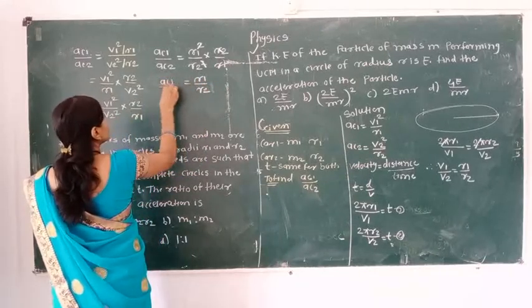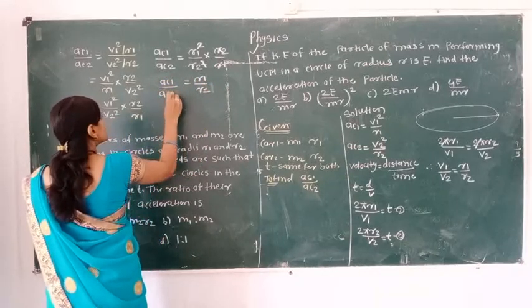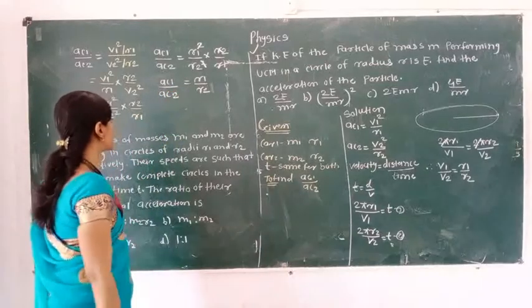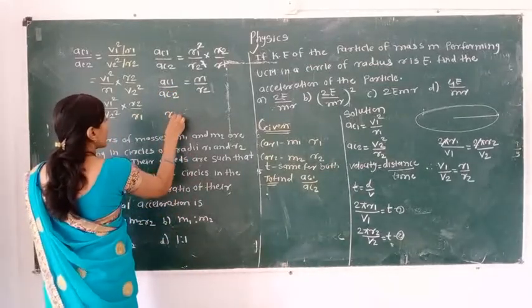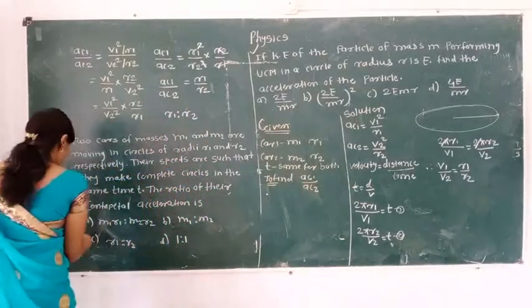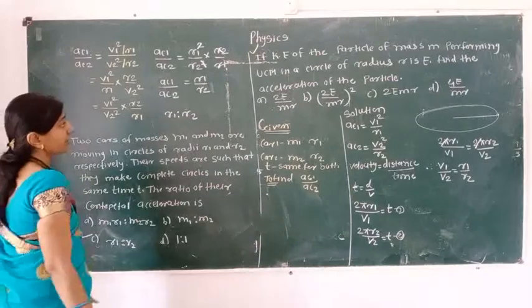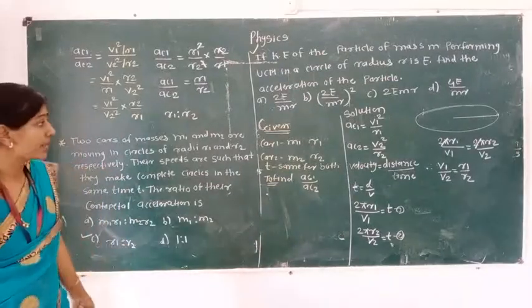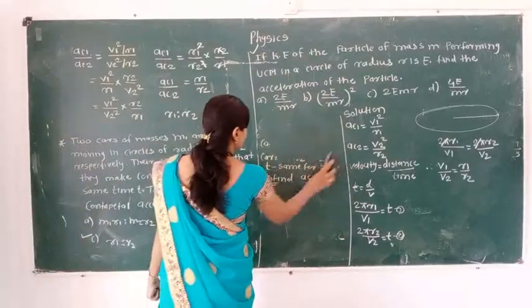So the ratio of the centripetal acceleration of the first car to that of the second car is R1 to R2. As per the given options, option number three is correct. Let me move toward the next MCQ. Only one is left.